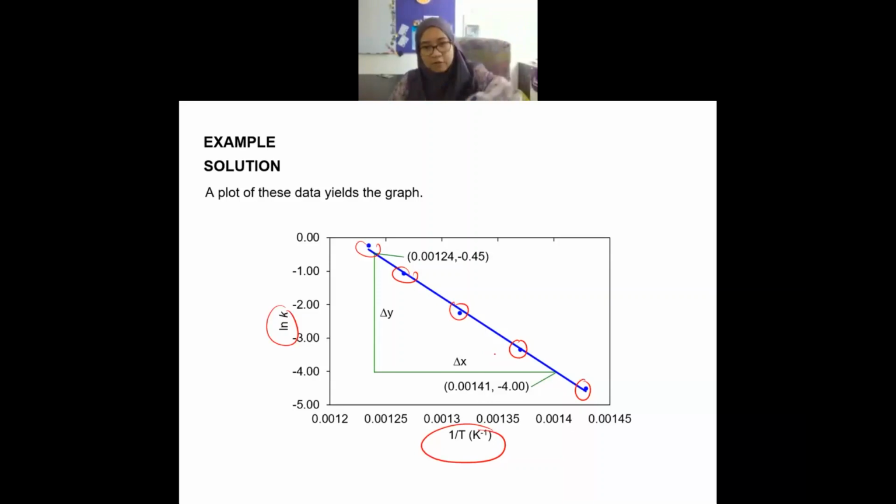Sebab dia ke bawah, negative slope. Maksudnya value slope you tu, dia boleh predict awal-awal. Maksudnya bila you buat calculation, you dapat positive slope, salah kira lah somewhere tu. Okay, so ni negative graph. That means you should get negative value of slope. Right. So the slope, definitely you need to calculate the slope.